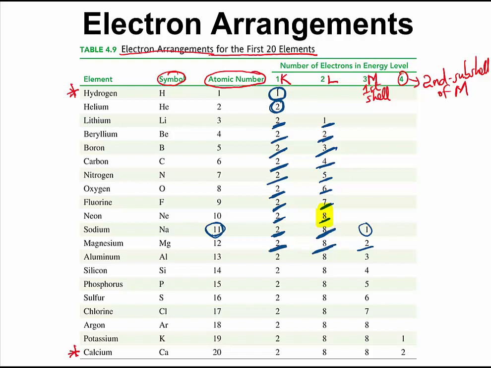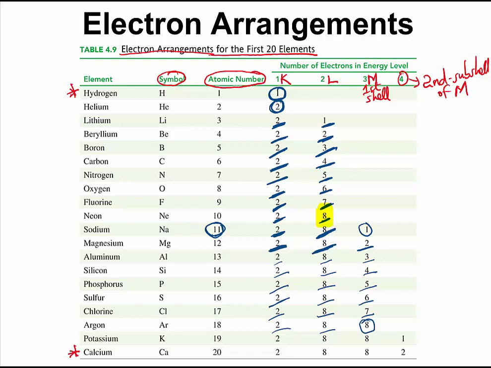So aluminum would be 2, 8, 3, silicon will be 2, 8, 4, phosphorus will be 2, 8, 5, sulfur 2, 8, 6, chlorine 2, 8, 7, and argon 2, 8, 8. Now, the first subshell of M is completely filled.